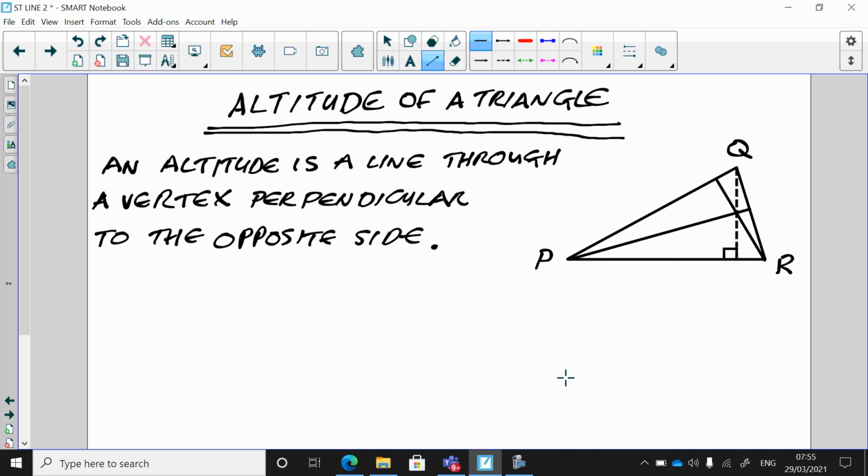And where the 3 altitudes cross, they are coincident at the same point. And that is not the centroid, it's given another name. But all three altitudes are coincident within the triangle. Just remember, altitude at right angles too.